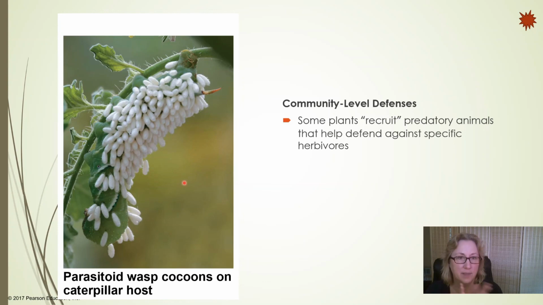And they are in there pupating, and the adult wasps are going to hatch out of there. So the plant is able to signal to the wasps, hey, got some nice caterpillars over here, come and eat them. Which is actually really cool that something like that has evolved by natural selection.